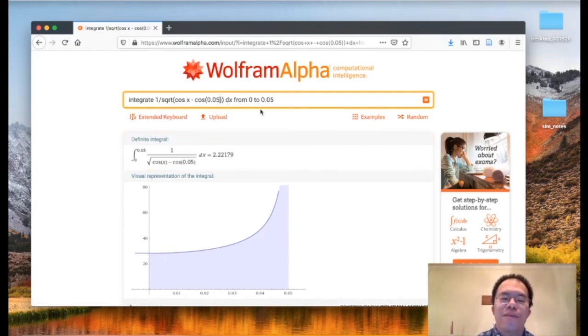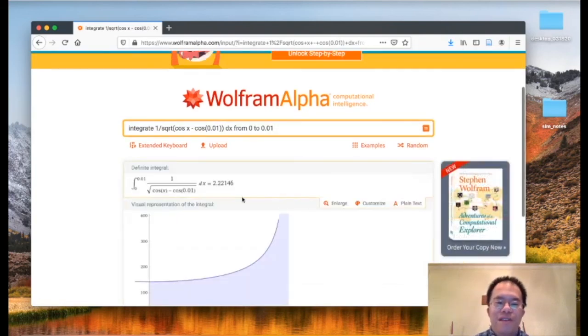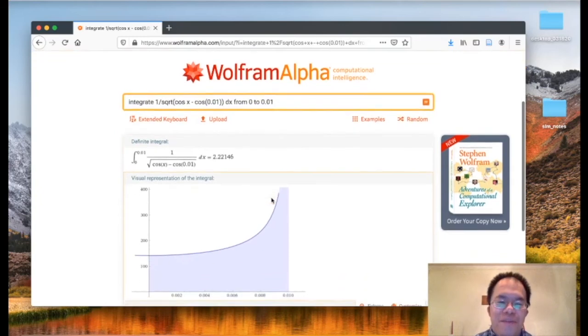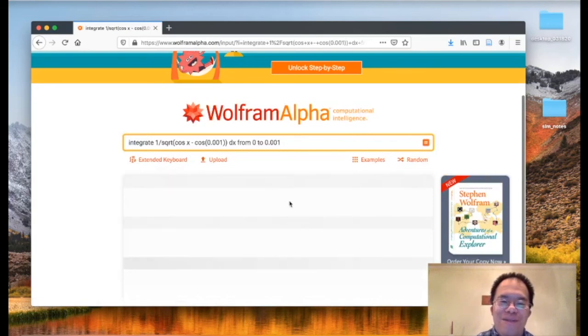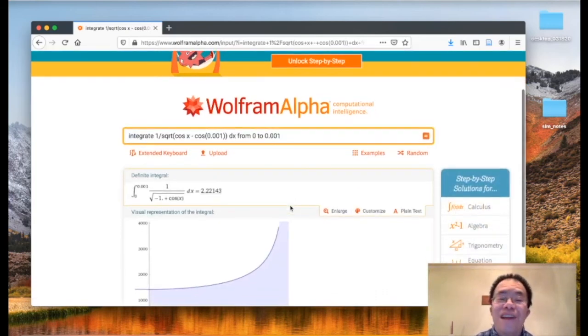Let's see what happens if I make this really small, like 0.01. I now get 2.221 something. Maybe do one more tiny value for good measure, 2.221 something. So I think we see where this is approaching.